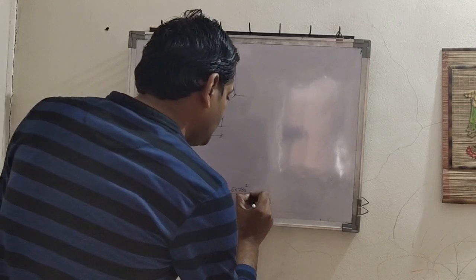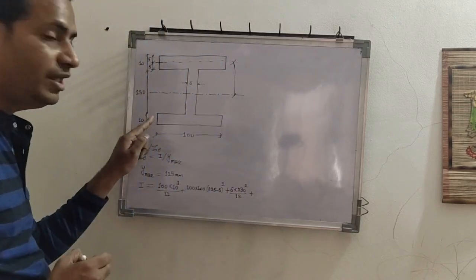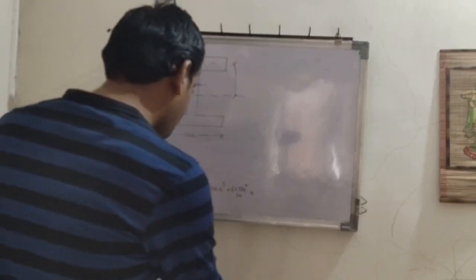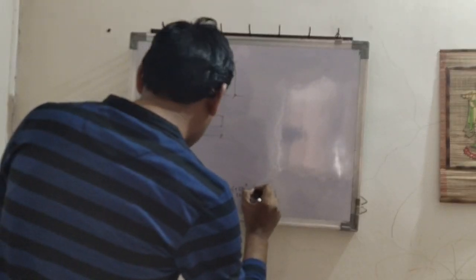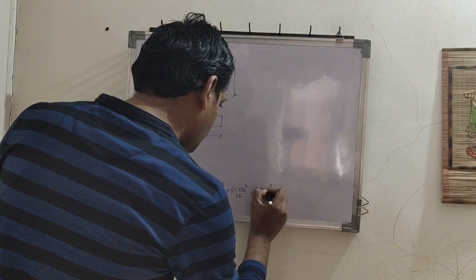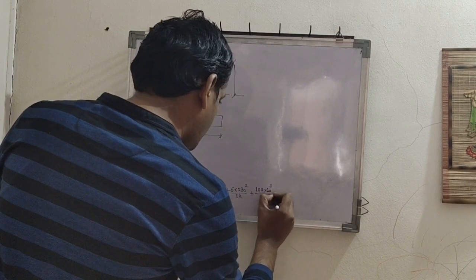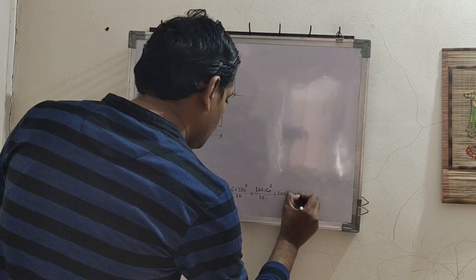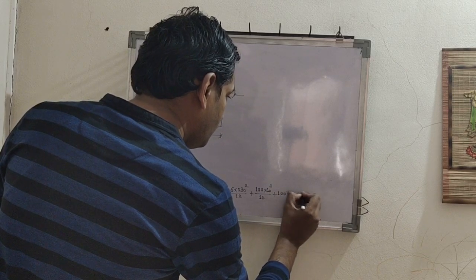Plus bottom flange is same as that of top flange. So we will repeat the first term of the equation. So 100 into 10 cube upon 12 plus 100 into 10 into 125 minus 5 square.